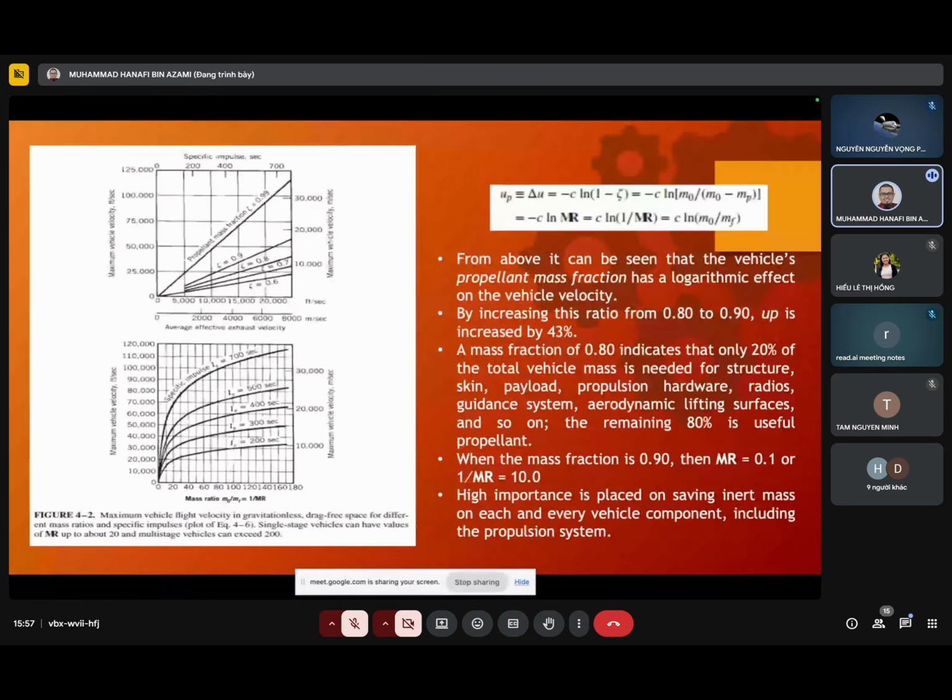When the mass fraction is 0.9, then the MR is 0.1. So it is very important to save the inert mass on each and every vehicle component, including the propulsion system. In order for rockets to have better performance, you need to have better zeta.